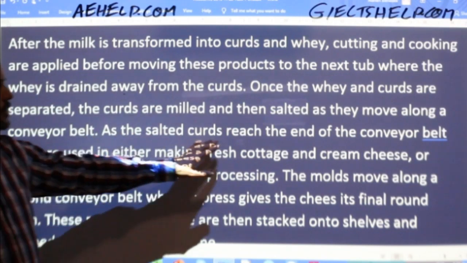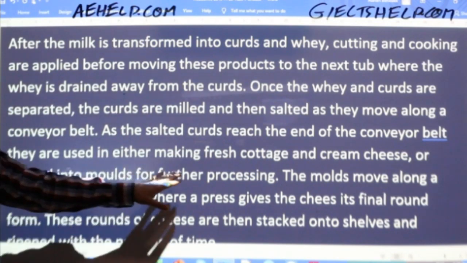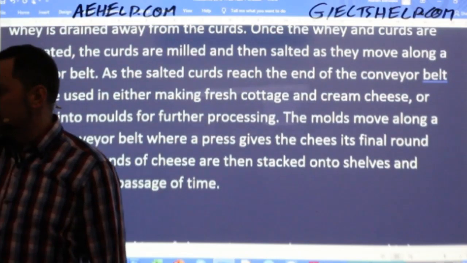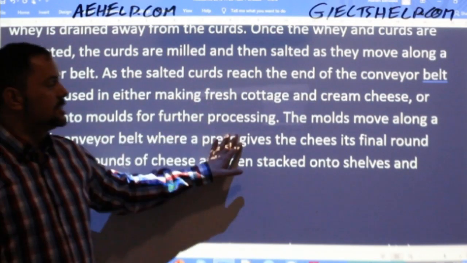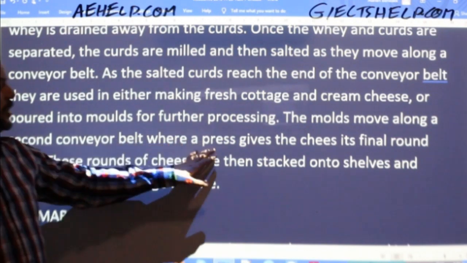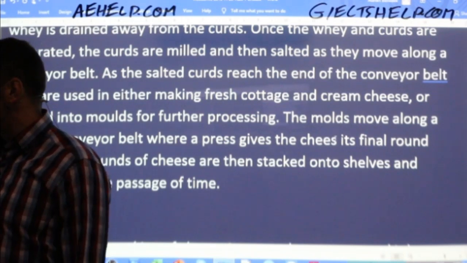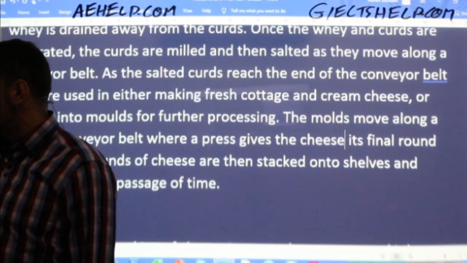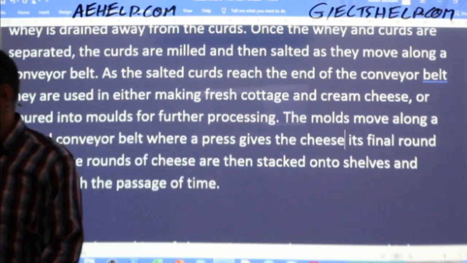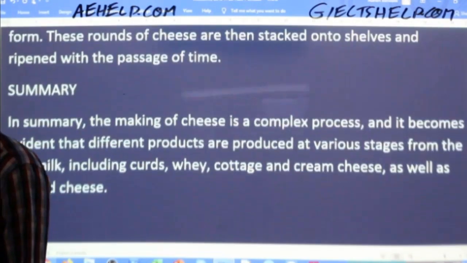As the salted curds reach the end of the conveyor belt, they are used in either making fresh cottage and cream cheese or poured into molds for further processing. The molds move along a second conveyor belt where a press gives the cheese its final round shape or form. These rounds of cheese are then stacked onto shelves and ripened with the passage of time.